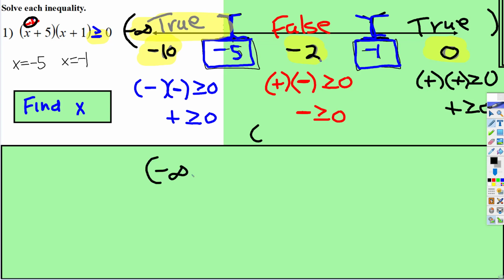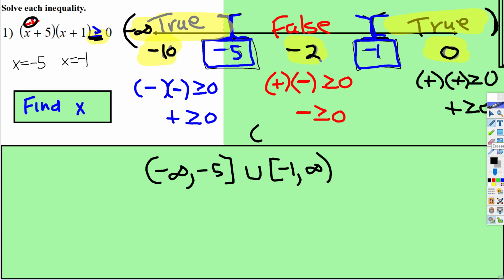So -infinity up to -5, square bracket because of that solid line right there. Then I'm going to put a union symbol, and then square bracket at -1. And then this interval over here, it doesn't stop at 0. It heads clear to positive infinity. And now you have interval notation, just like that.